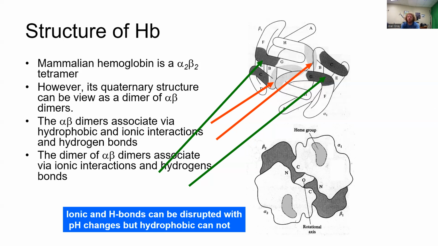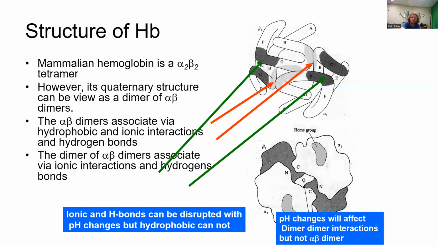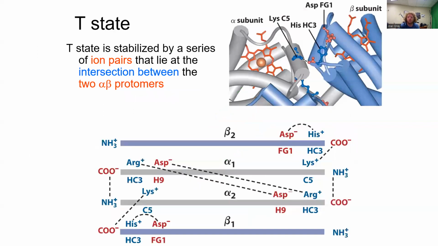So if you adjust the pH, you're going to go from a tetramer to two dimers. Continue adjusting the pH, and you're going to stick with just two dimers, because the hydrophobic interactions are not going to be disrupted. So pH will disrupt the tetramer, but not disrupt the two dimers.